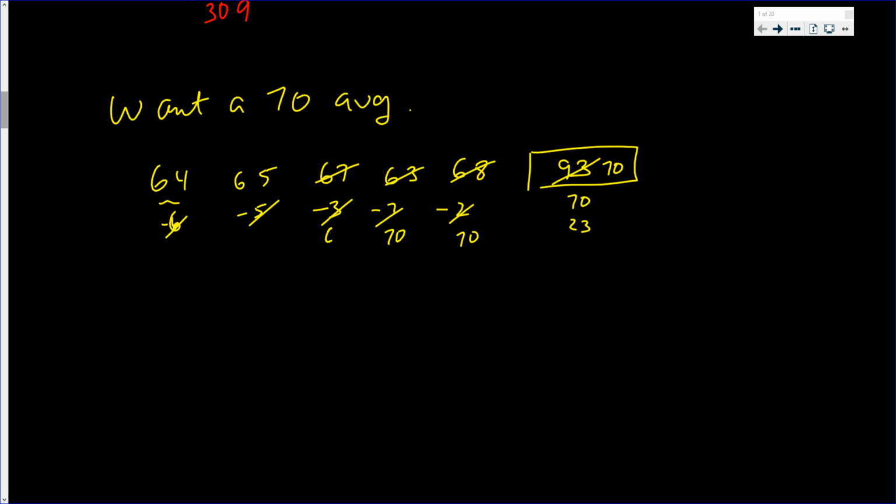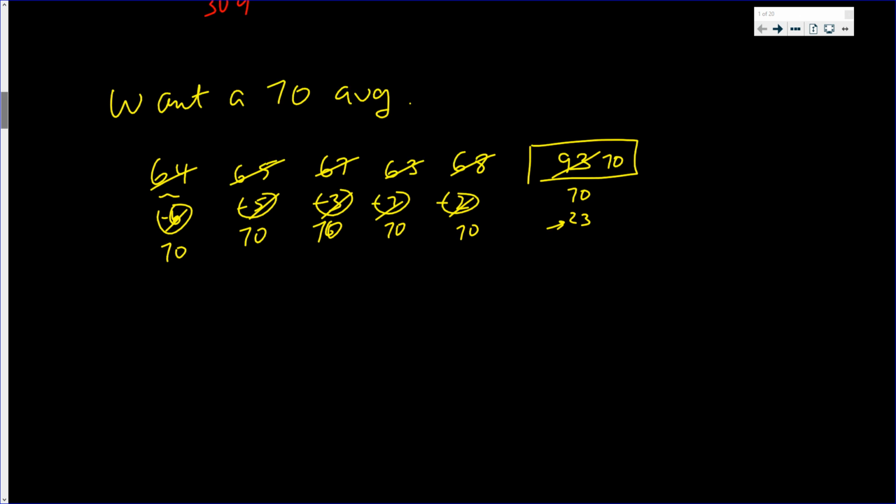And if you add 3 here, you'll have 70. And if you add 5 there, you'll have 70. And if you add 6 here, you'll have 70. But what you added, 6 and 5 and 3 and 7 and 2, that was exactly how much over you got than 70. Okay, that is one way of doing it.